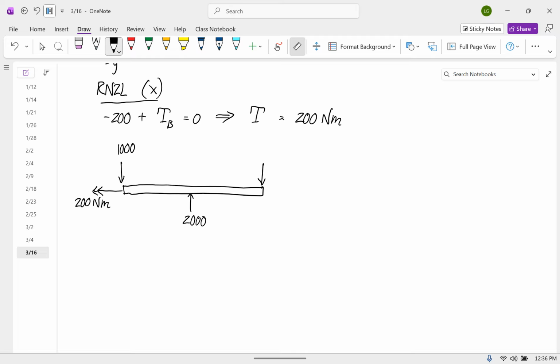And then RBY was 1,000 down. And then the pin also provided this torque of 200 Newton meters.